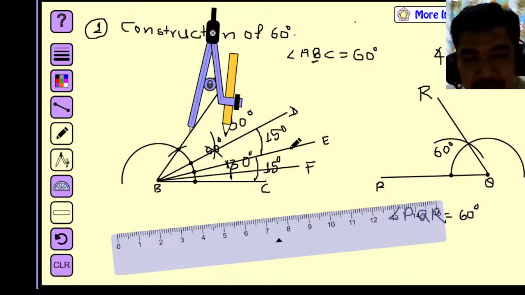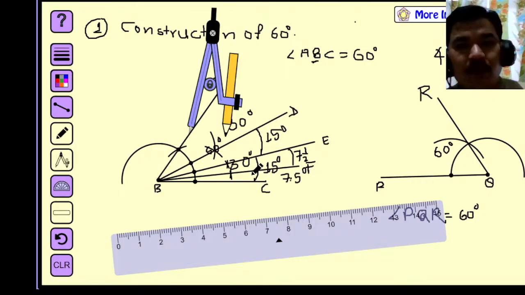This angle became half of 15, that is 7.5. We can say 7 and 1 by 2 also, or we can say 7.5 degrees also. Like this we can write it.